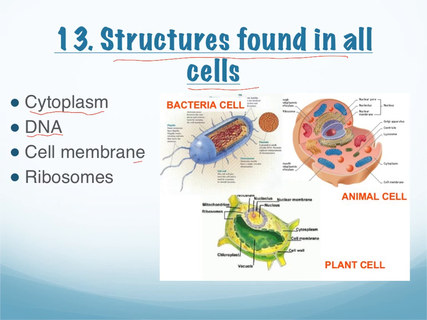The cell membrane, remember the cell membrane is made up of phospholipid molecules, and it makes up the outermost part of the living cell. And the last thing would be ribosomes. Ribosomes are where proteins are made in all cells. So these 4 structures are present in all cells. Plant, animal, bacteria, all of them have those.